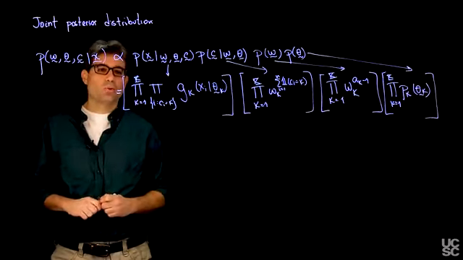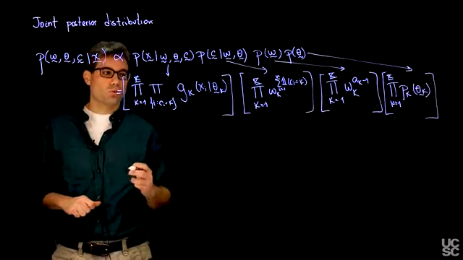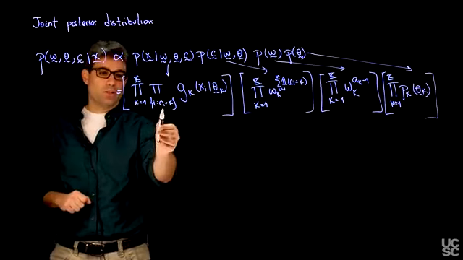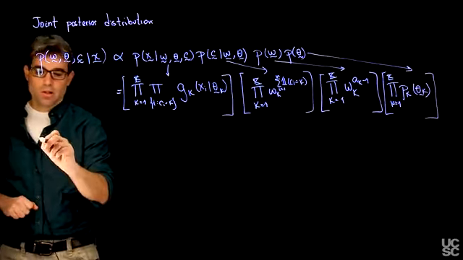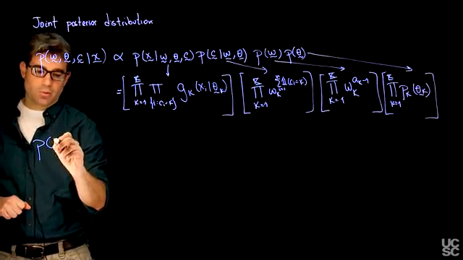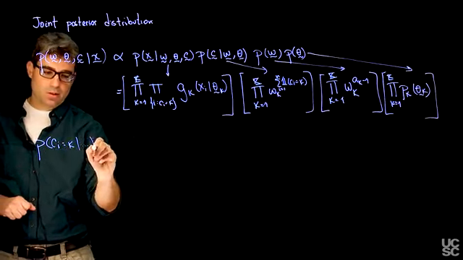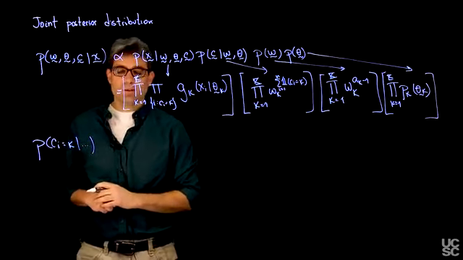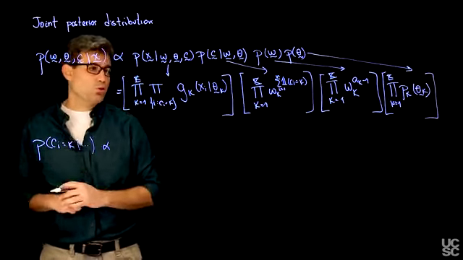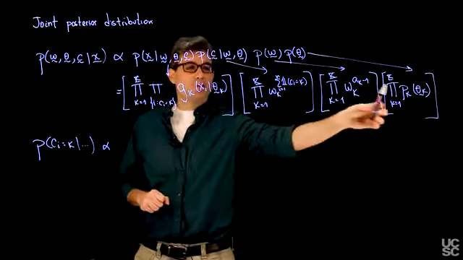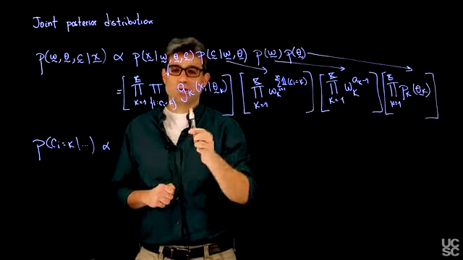Let's continue now with the full conditional posterior distribution for the indicators, the c sub i's. I'm interested in the probability that c sub i is equal to k given the data. As before, this is going to be proportional to just the terms in this large product that depend on c sub i.